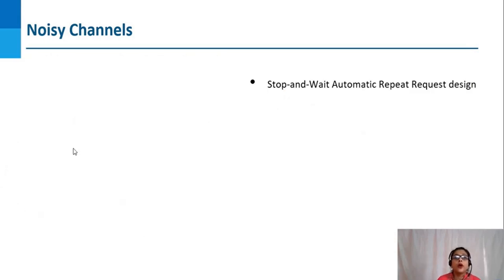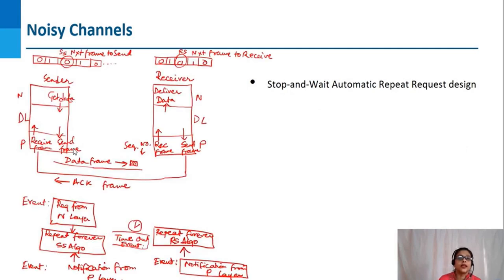So, the stop and wait automatic repeat request design. This is the flow diagram of the stop and wait ARQ. As before, we have the sender side and the receiver side. The data are sent from the sender side, go to the receiver side, and an acknowledgement frame is received. But here, there is an added functionality of error control.